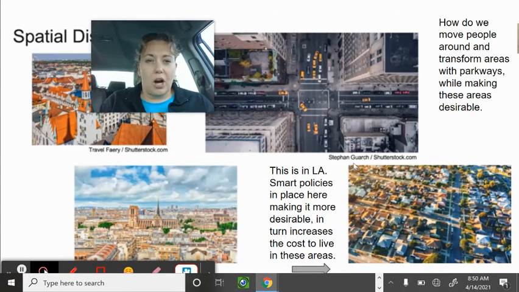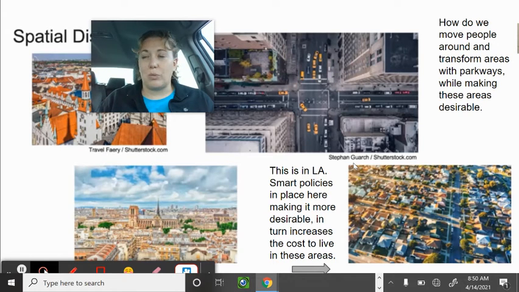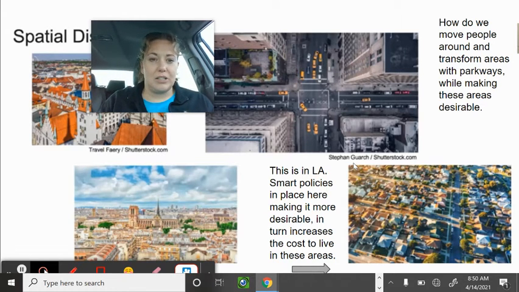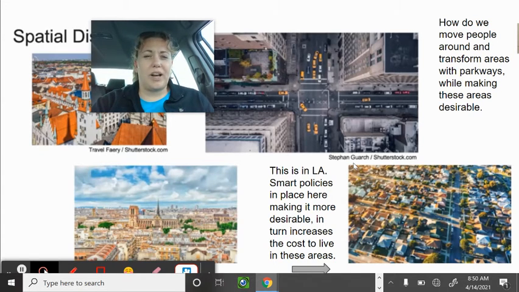Here in North America, our cities are younger. We didn't start developing our cities until several hundred years after they were developed in Europe, for example. So we've got a little bit more wiggle room, but New York City was built to be this insane urban area. And now it's like, okay, how can we maybe make some corrections to this? So Los Angeles over here in the bottom corner.